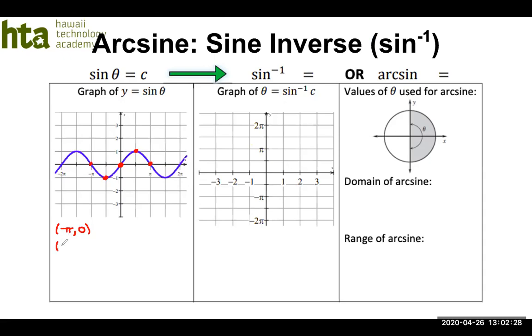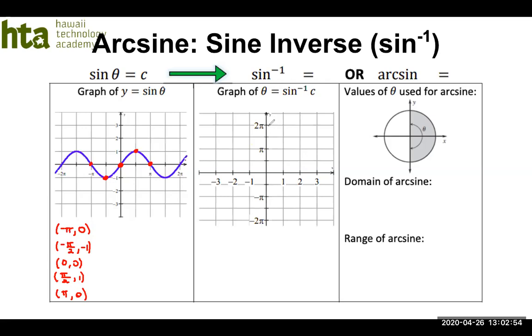The next one is -pi/2 on the x and -1 on the y. Then we've got 0, 0, the equilibrium line, or the origin where it starts. Then we've got +pi/2 giving us a +1 on the y. And then we've got +pi giving us a value of 0. So those are 5 key points that I'm going to use for sine.